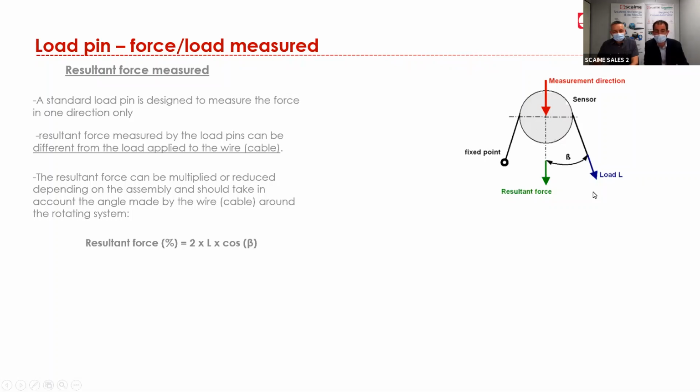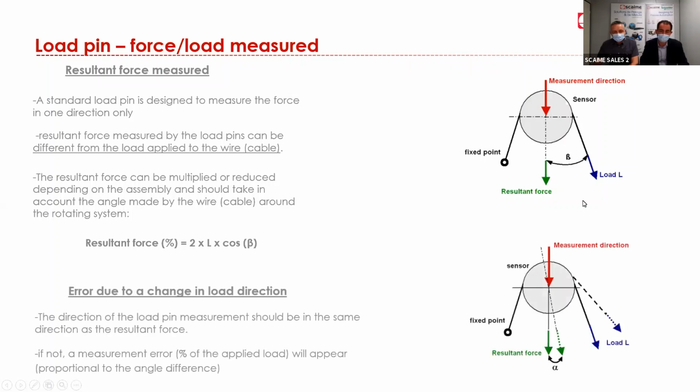So the resultant force measured by the load pin can be different from the load applied to the wire or to the cable. And you can see here a calculation formula to calculate the resulting force applied. This is also very important in order to evaluate potential errors of measurements.